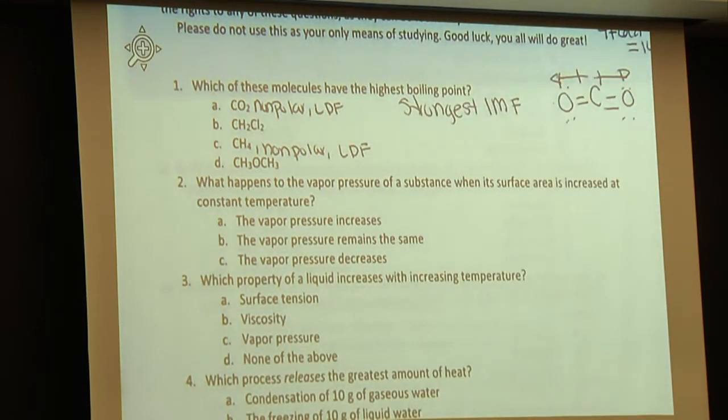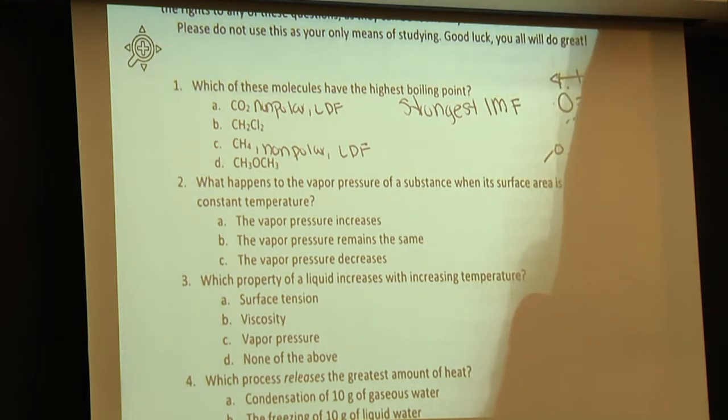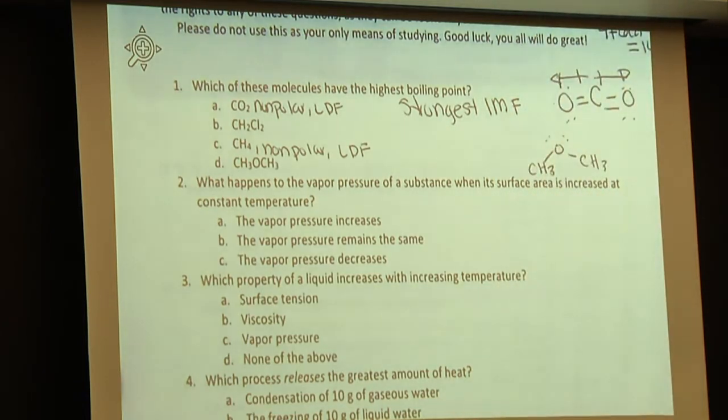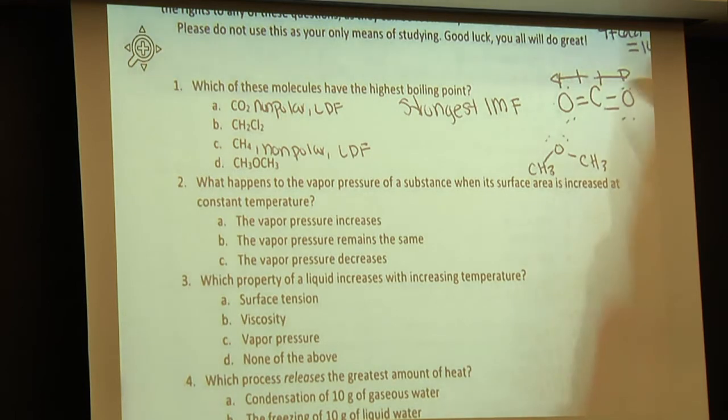CH3OCH3. This kind of looks like water, doesn't it? So we know it would be bent. And then you have CH2Cl2. So you have CH's and then chlorine.